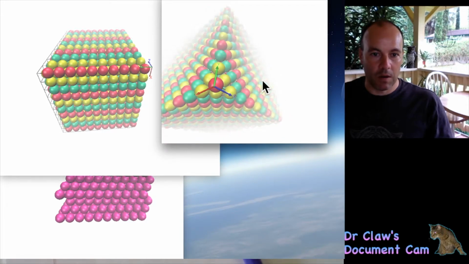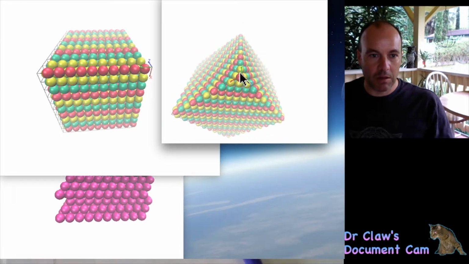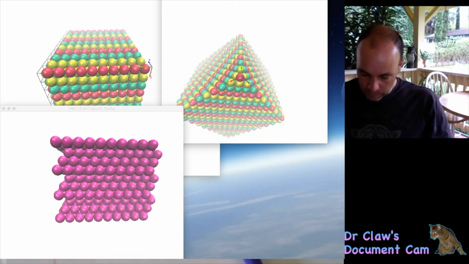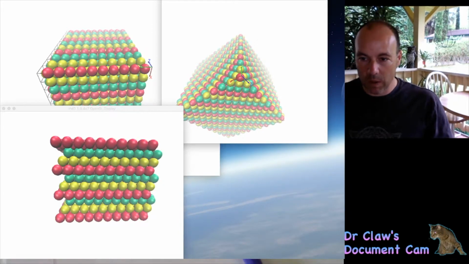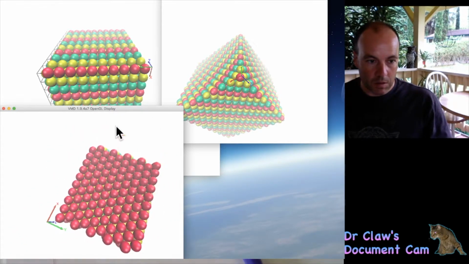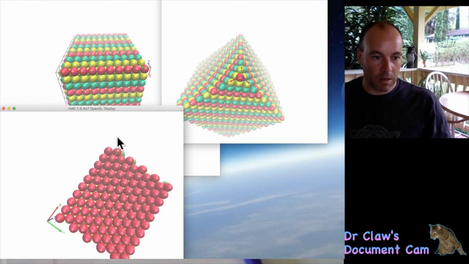And this one also has layers stacked: red, yellow, green, red, yellow, green, red, yellow, green. Okay, and so does this one. Let's color code that. There we go. And let me make sure I rotate it the right way. So there we go. Red, yellow, green, red, yellow, green, red, yellow, green.